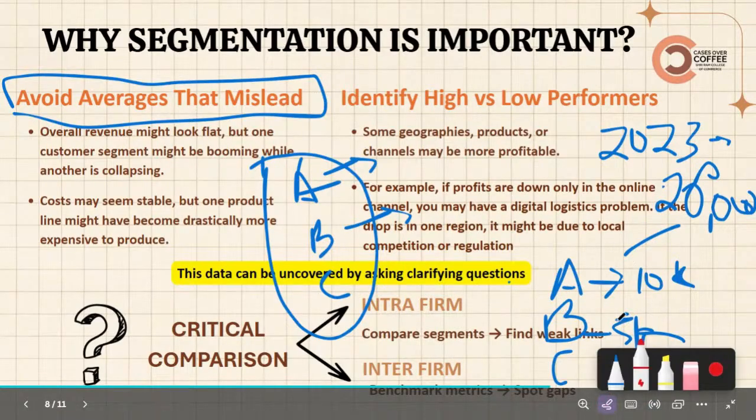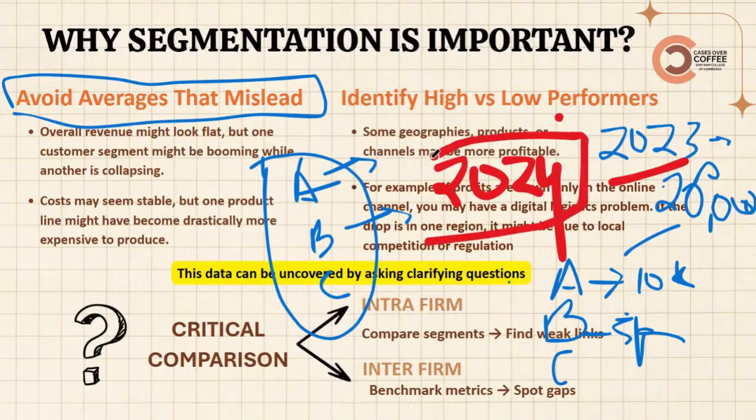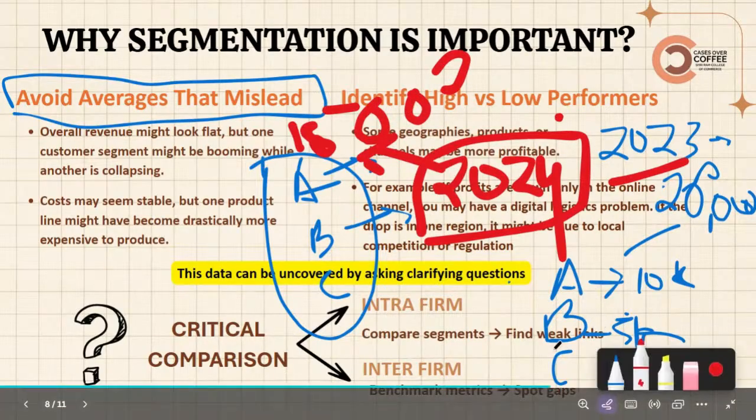In 2023 this was the sale, and in 2024 something different happens. Their sale dropped to 15,000 units.